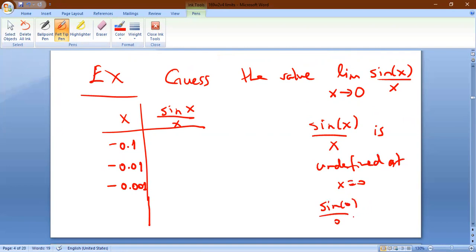Well, dividing by 0 is undefined, right? So this is undefined. But then you can also approach from the right, like plus 0.1, plus 0.01, even closer, plus 0.001.